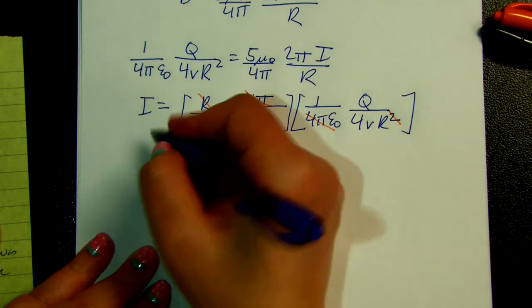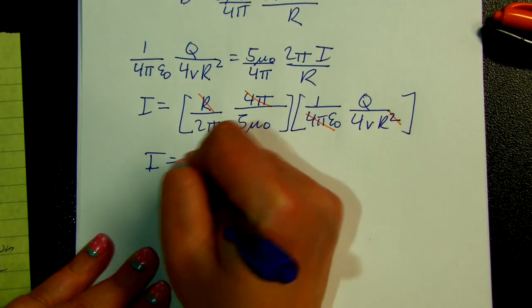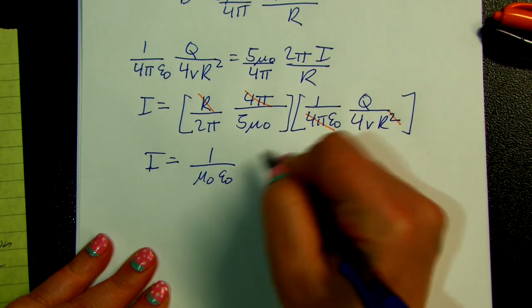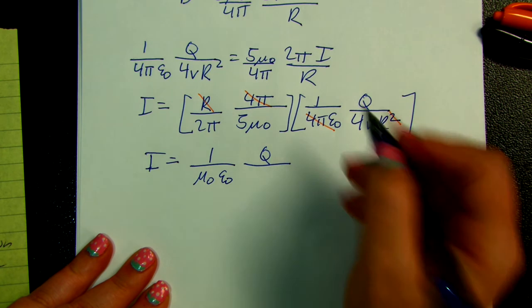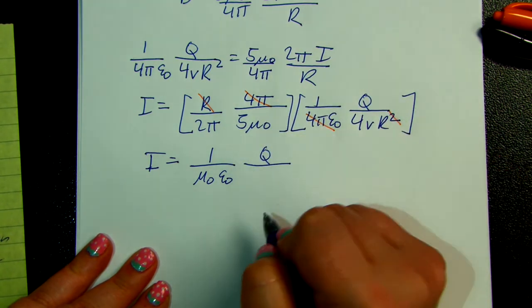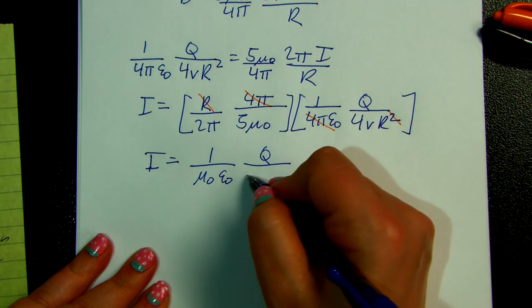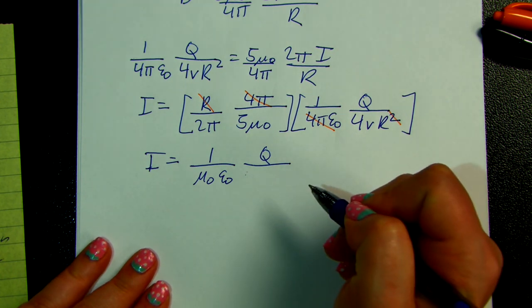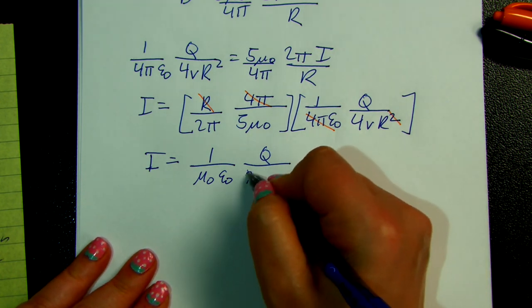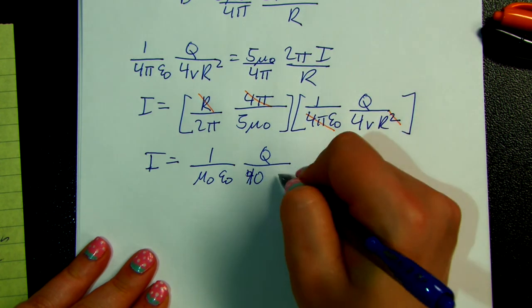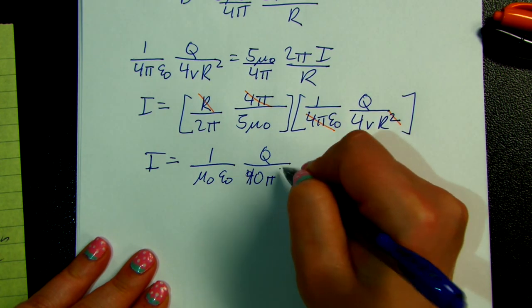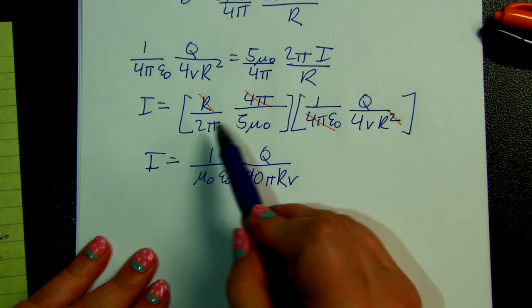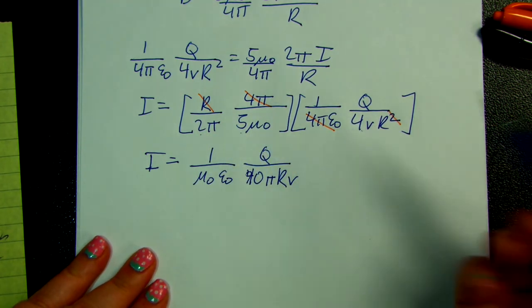So I is equal to 1 over mu naught epsilon naught, Q over 40 pi R V. 2 times 5 is 10, times 4 is 40.